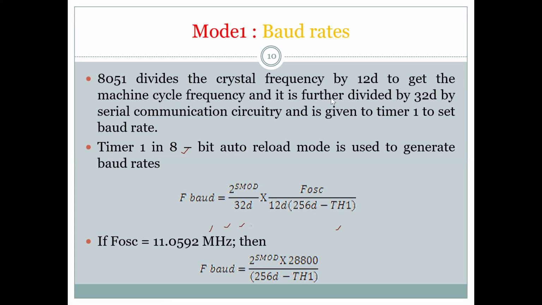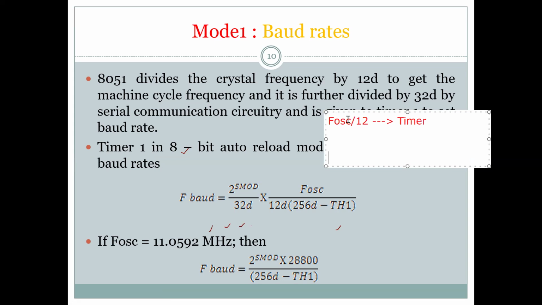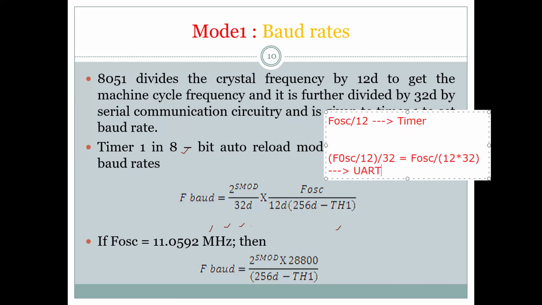So F oscillator is divided by 12, and the same F oscillator by 12 is further divided by 32. That gives F oscillator by 12 into 32, which is given to the UART circuitry.